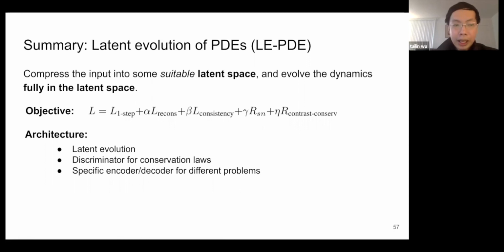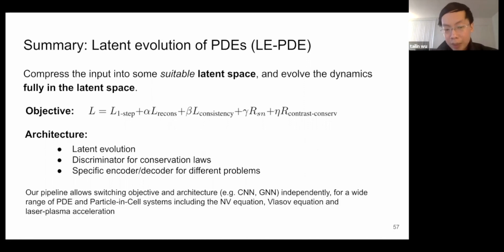For the architecture, we can design specific ones for different problems. And right now we have this pipeline in which we can switch different objectives and architectures independently for different systems, so that we can try different objectives or architectures with ease.